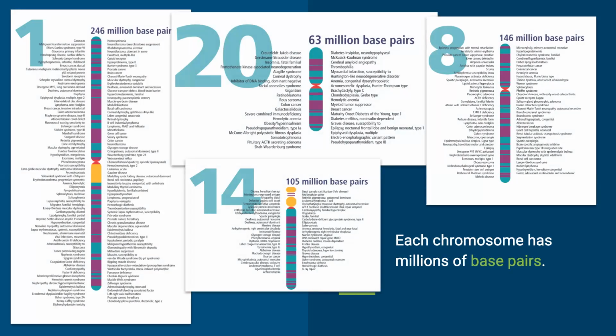So there is a range, and the chromosomes differ in sizes. Chromosome 20 has 63 million base pairs. Several of these can encode for diseases, where only one letter is changed in your DNA code and you end up with any one of these diseases that are listed here.